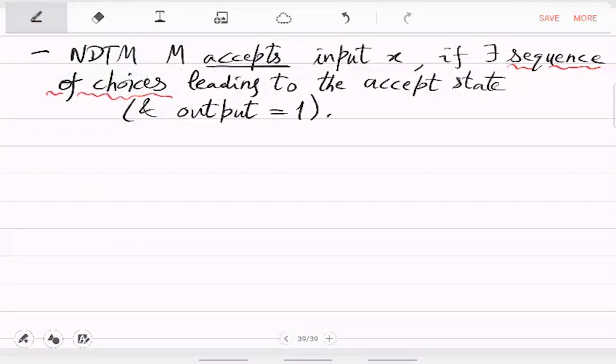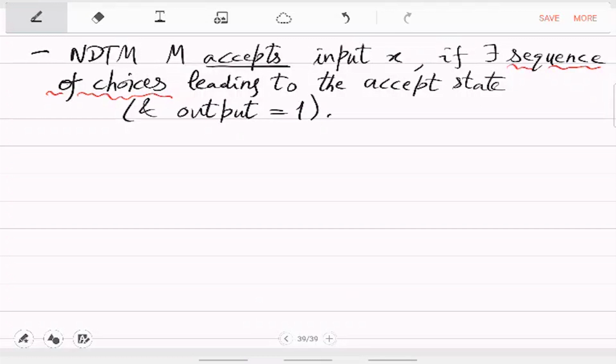Say the NDTM makes the first choice delta 0, then delta 1, then delta 0, then delta 1, and so on, and reaches the accept state, halts and outputs 1. Then we say that, since there is some path to acceptance, M has accepted X. M is not supposed to accept on all the paths, just one path.